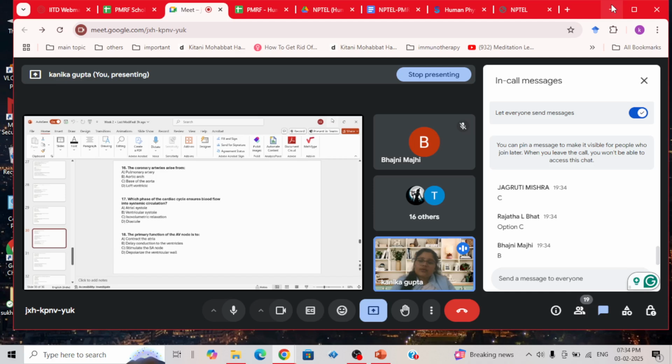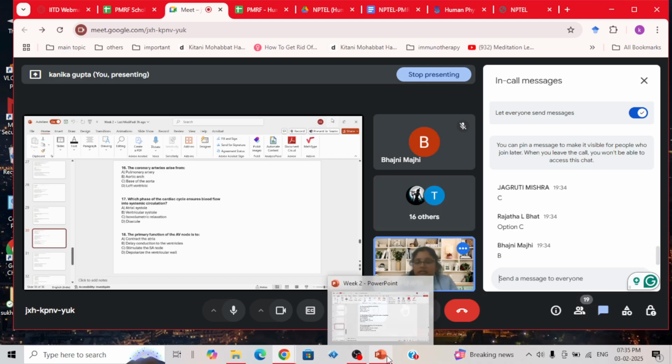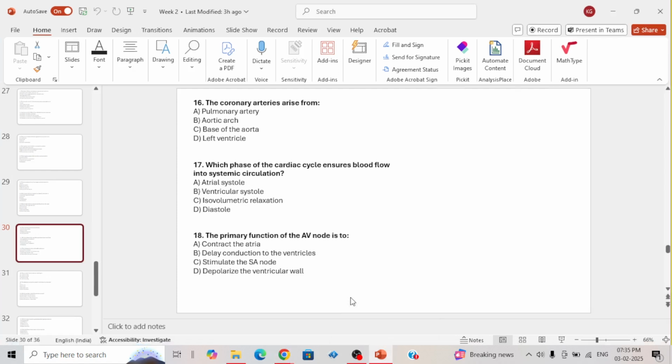Okay, so the coronary arteries arise from the base of the aorta, because they have to be given oxygenated blood. So it arises from the base of the aorta. Okay, let's move towards the next question.